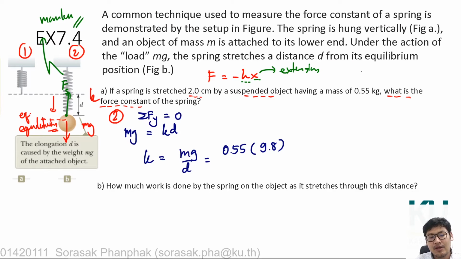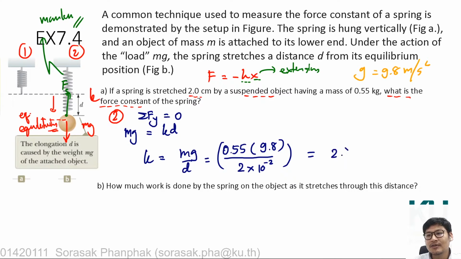I will assume here that g equals 9.8 meter per second squared, and d is the extension or the displacement, which in this case is 2 centimeter. After doing the calculation, you will find the spring constant is equal to 2.7 multiplied by 10 to the 2.